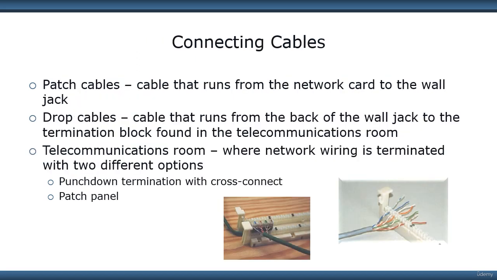So patch cables are the cable that runs from the network card to the wall jack. The drop cable is the cable that runs from the back of the wall jack to the termination block found in the telco room. Telecommunications room is where the network wiring is terminated. Two different options. You've got punch down termination with a cross connect, which is kind of what we see there, and then you have a patch panel.